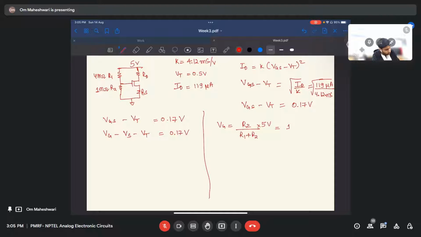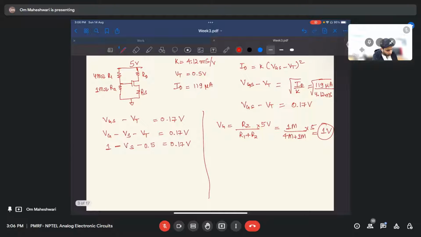It will be 1 mega ohm by 4M plus 1M into 5, which equals 1 volt. VG is 1 volt, so 1 minus VS minus VT, which is 0.5, equals 0.17 volts. So VS equals 1 minus 0.5 minus 0.17. VS will be 0.33 volts.